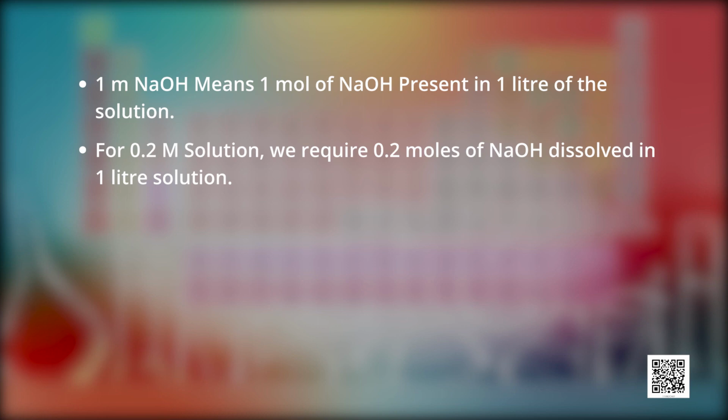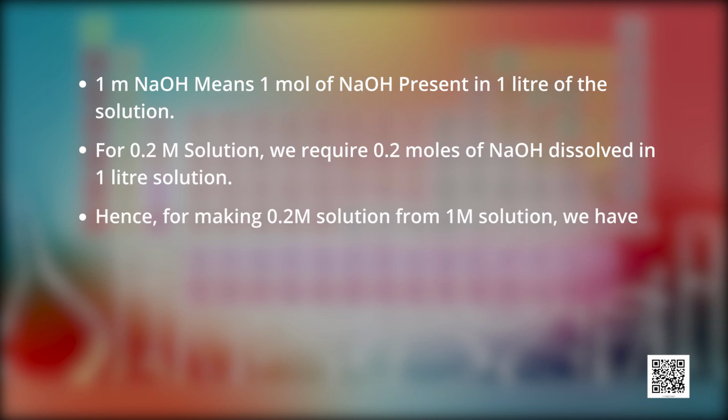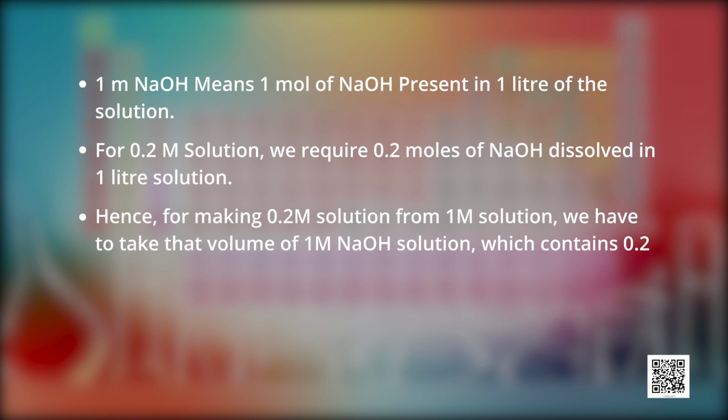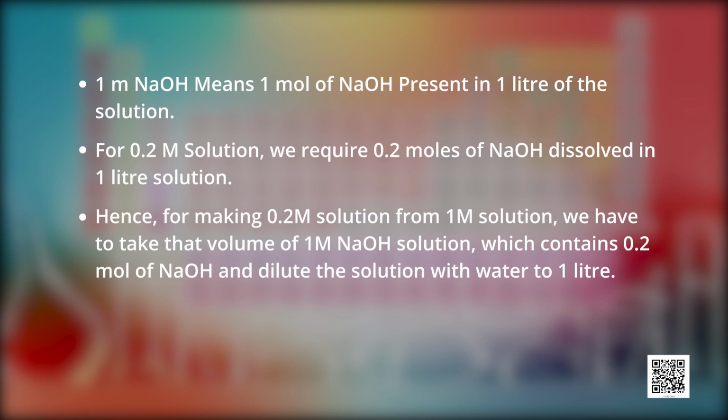For 0.2 M solution, we require 0.2 moles of NaOH dissolved in 1 liter of solution. Hence, for making 0.2 M solution from 1 M solution, we have to take that volume of 1 M NaOH solution which contains 0.2 mole of NaOH and dilute the solution with water to 1 liter.